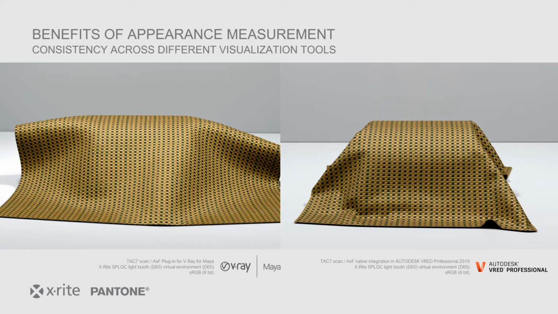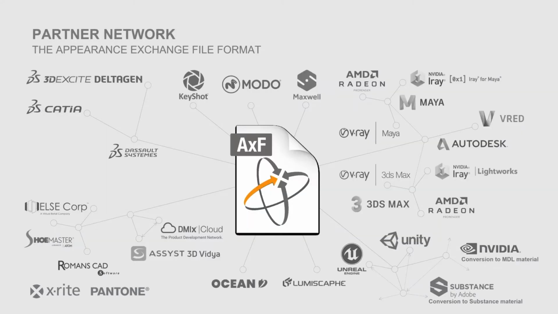So to take a look, when we first started this about 4 years ago, with the introduction of our TAC7 scanner, which I'll talk about more in a second, we had 3 partners that we could visualize our file format AXF with, and you can see that it's grown a great deal in the past 4 years.